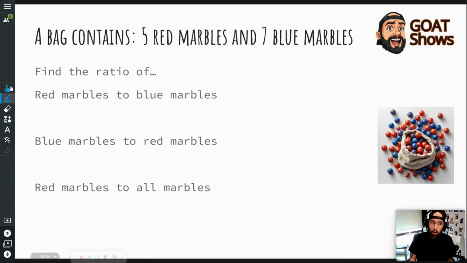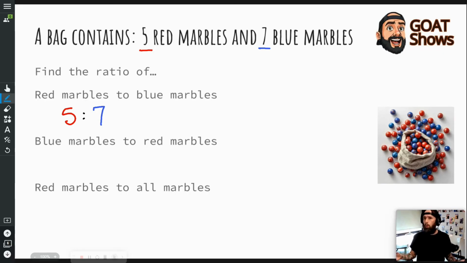That's part to part. So I take the number that I have for red marbles, that's 5, and I write out 5 to, and I'm going to use the colon because I like to, blue marbles, and blue marbles is 7. So red marbles to blue marbles in that order is 5:7.